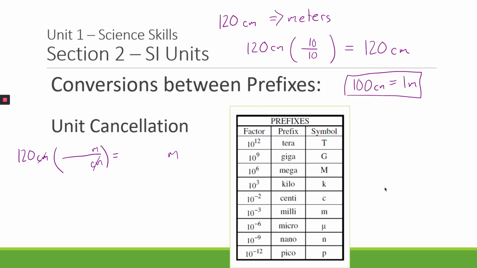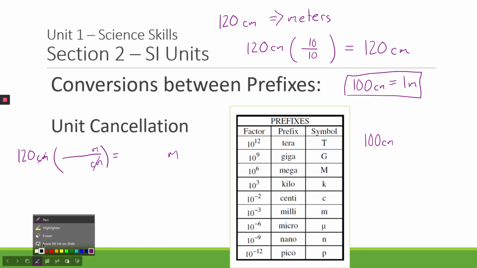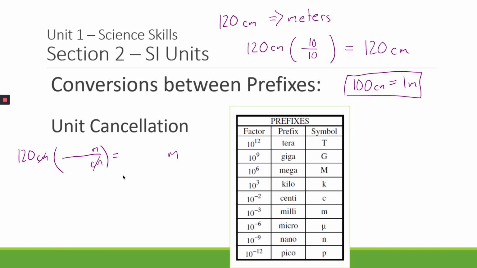So the way to look at this chart, if you have 100 centimeters and you want to find the equivalent, actually let's do this a little bit differently. I'm going to come back to this one.